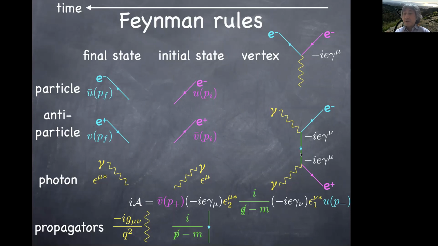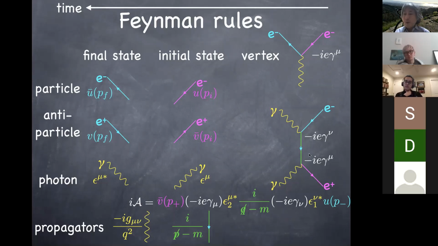So that's the answer to, was it Sahil actually? I'm not totally sure. So we don't label each line specifically as an electron or positron, but instead rely on these arrows for that reason. Arrows are consistent, but which line is an electron and which is a positron is not clear for internal lines, for the propagators.